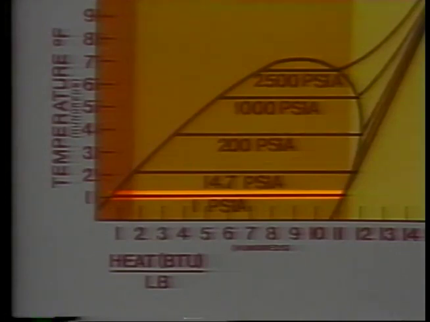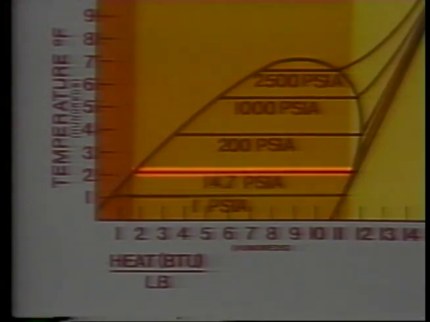Latent heat of vaporization is the amount of heat that must be added to saturated water to completely change it into steam. At atmospheric pressure, the latent heat of vaporization is 970.3 BTUs per pound. On the graph, notice that as pressure increases, the line gets shorter.